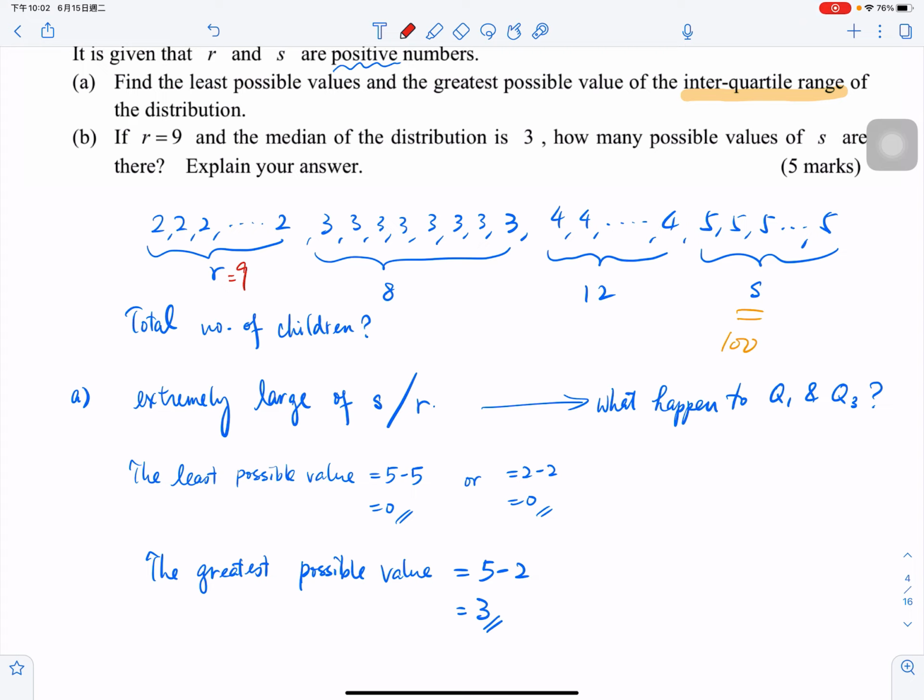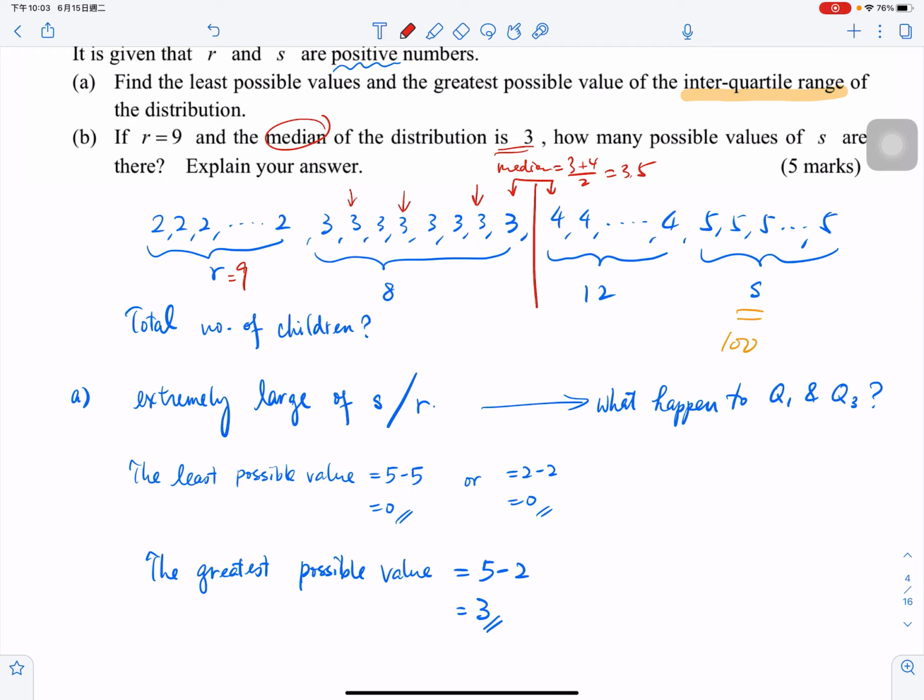For example, if it is half and half, then the median will equal 3 plus 4 over 2, so 3.5. However, now the median is 3, so maybe the median is here, here, or here.